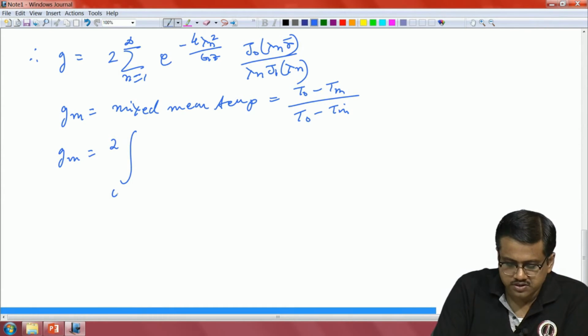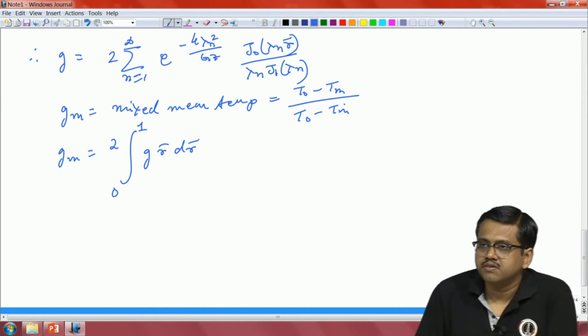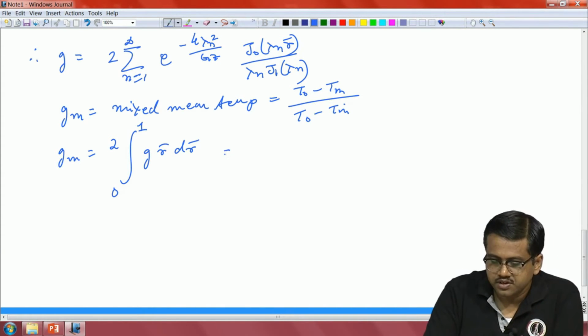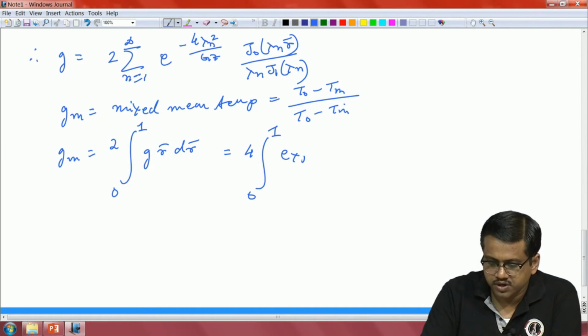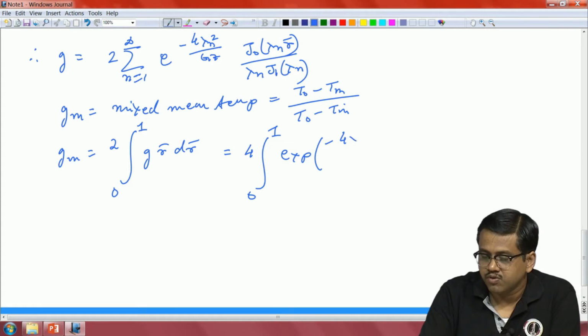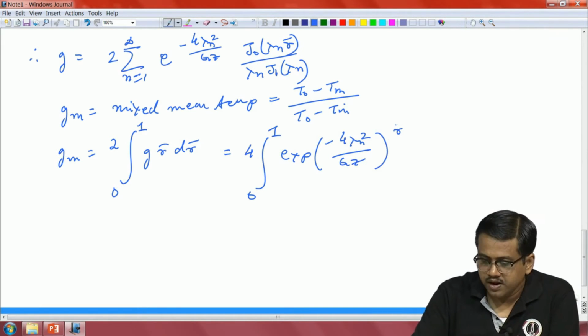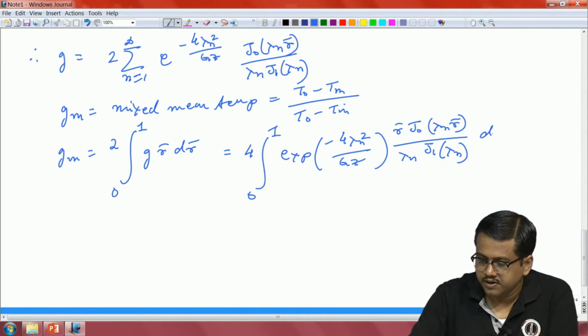It is the integral from 0 to 1 of G r dr. So, 4 times the integral from 0 to 1 of exponential minus 4 lambda n square by Gz r bar, J naught lambda n r bar, divided by lambda n J1 lambda n, into dr bar.